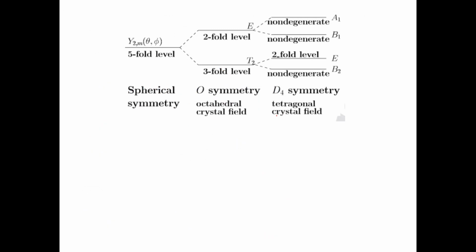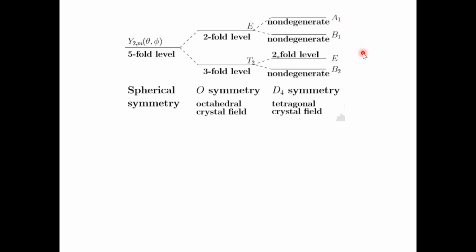So that's the diagram that I have for this case. So this is what I had before. Going from spherical symmetry to the O symmetry, the 5-fold level splits into 3-fold T2 and 2-fold E. And now if I further reduce the symmetry to D4, tetragonal symmetry, I split even further. The T2 splits into 2-fold and a non-degenerate state, symmetries E and B2. And the doubly degenerate state splits into A1 and B1.